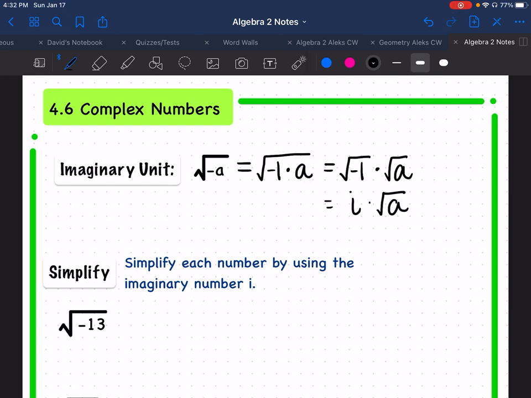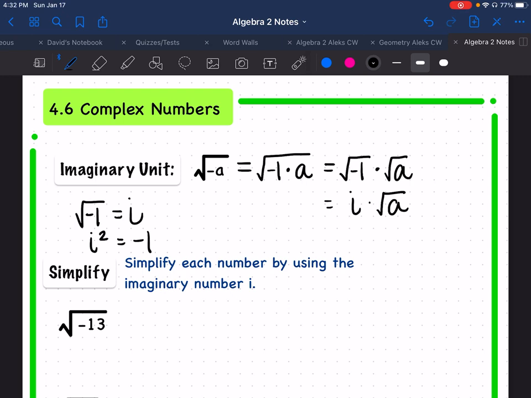And of course the times doesn't have to be there. So just a quick reminder, the square root of -1 is always going to give you your imaginary unit i, and whenever you take i and you square it, you get the number -1.